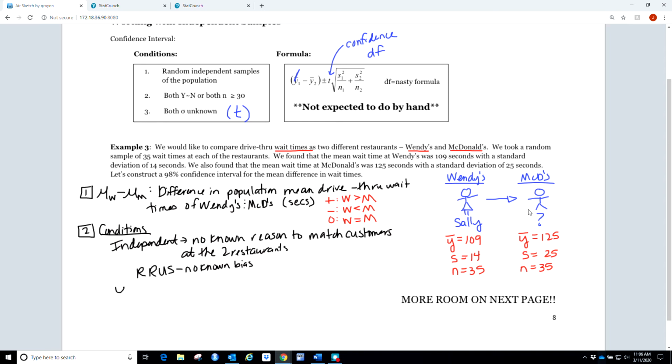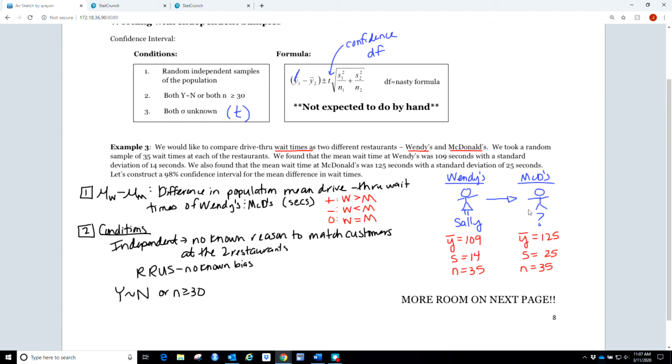Now for both samples, we either need to know that the population they came from was normally distributed, or have samples of at least 30. Now again, to assess if things are normal, if we had histograms to look at, we could see if they were symmetric and unimodal. Those were not provided here. Or it could say in the problem that the population wait times were normally distributed.